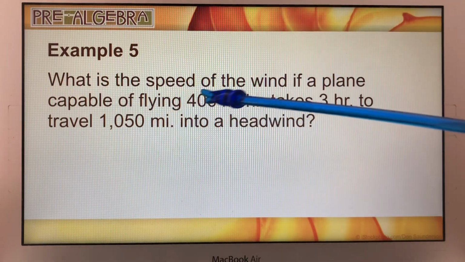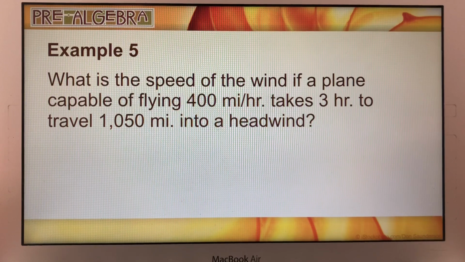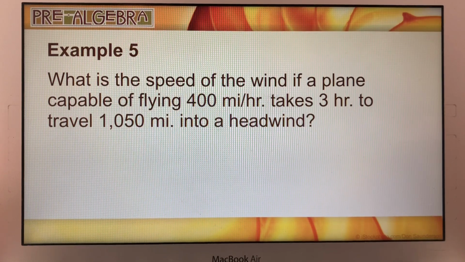Okay, now what is the speed of the wind if a plane capable of flying 400 miles per hour takes 3 hours to travel 1,050 miles into a headwind? So again, what is our distance formula? You'll need to know that. Distance equals rate times time.